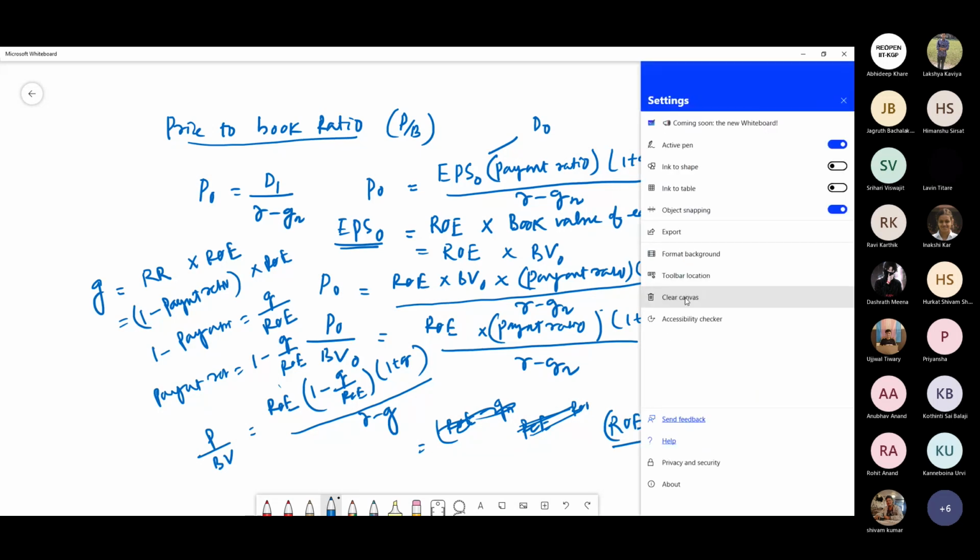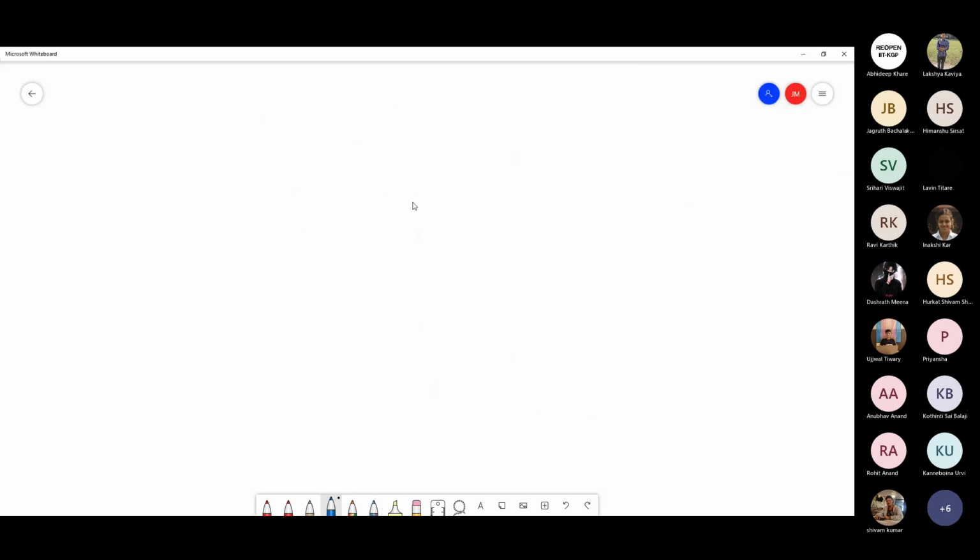Then we can move to another ratio that we call the price to sales ratio.